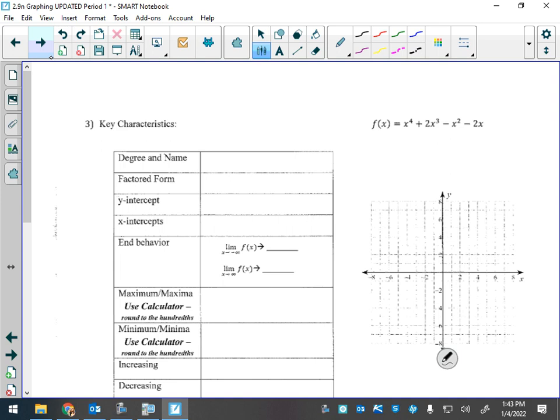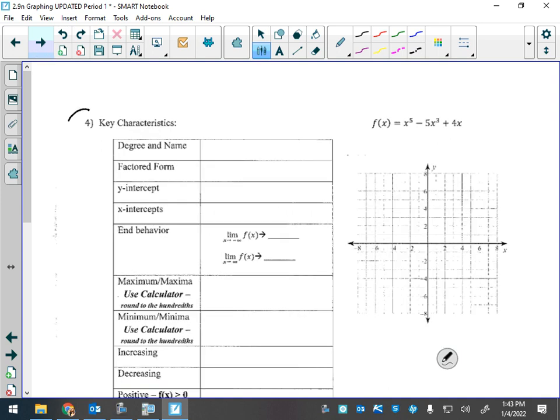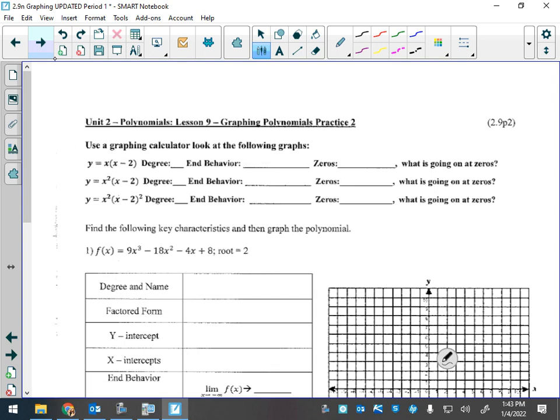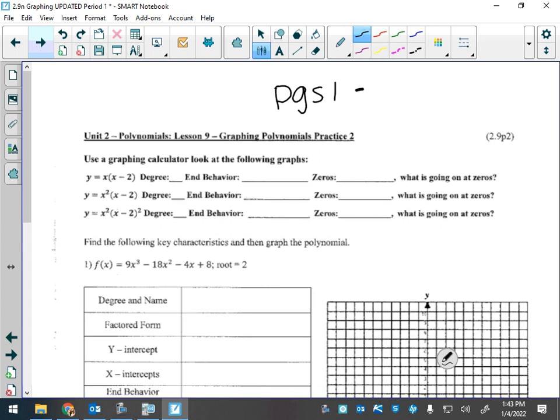So in class, I want you to try number 3 and number 4, okay? I will have the answers up by the end of class up here. So all of 3 and all of 4. Your homework, if you finish those 2 things, which you might not by the end, is 2.9 practice 2, pages 13 through 16.